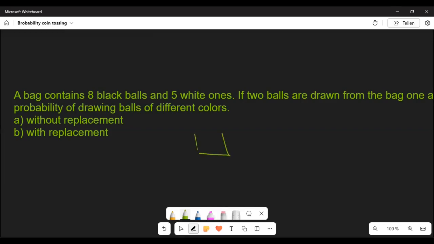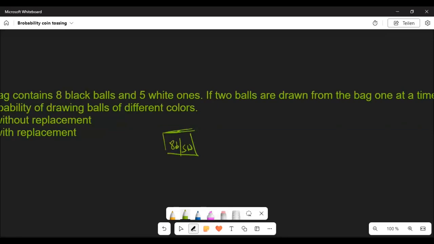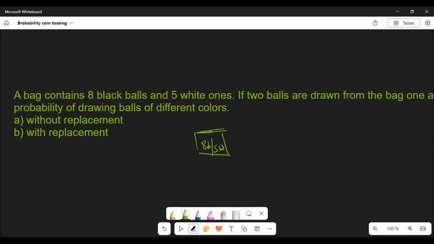Assuming there's this bag here, I don't know, with a zipper or something like that, and it contained 8 black balls and 5 white balls. If 2 balls are drawn from the bag one at a time, one after another, so here one at a time, that means they don't take it once. Now then find the probability that you get different colors.